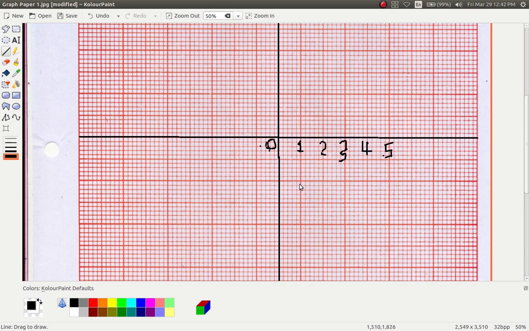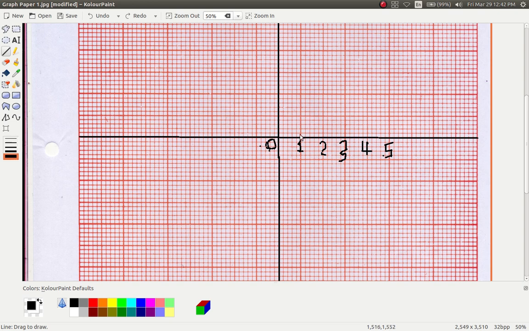When you look at a real graph paper, you will see that the distance between each thick line is 1 centimeter. So what I'm really doing is using what you call a scale, and I'm using 1 centimeter to represent 1 unit.